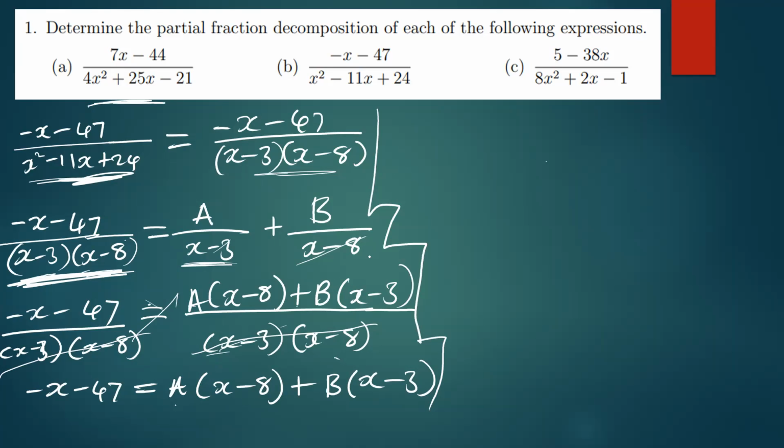The values of a and b are found either by using the coefficients, or you have to find what is going to make this part a 0 or what is going to make that part a 0 to get the other letter.